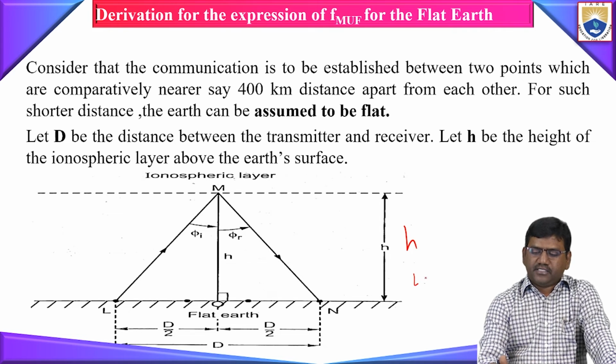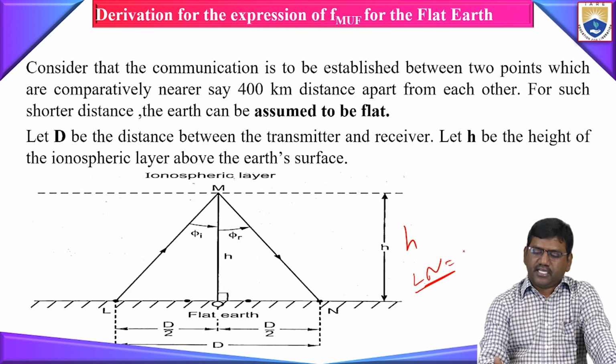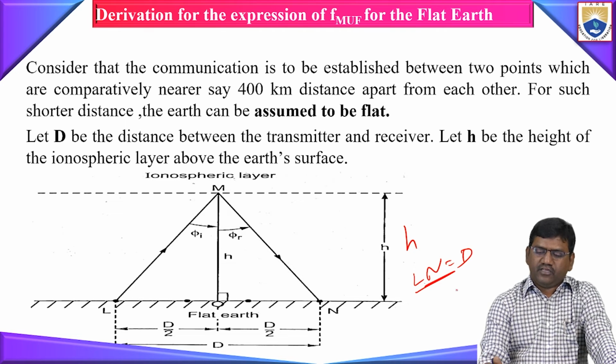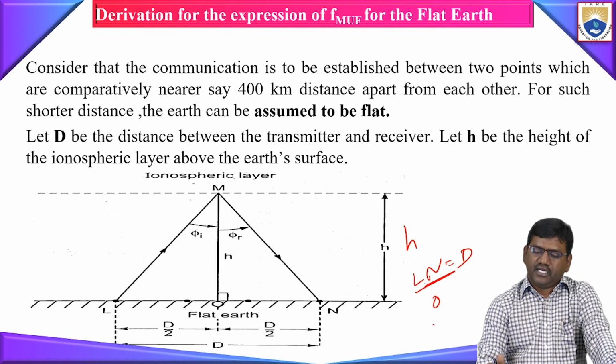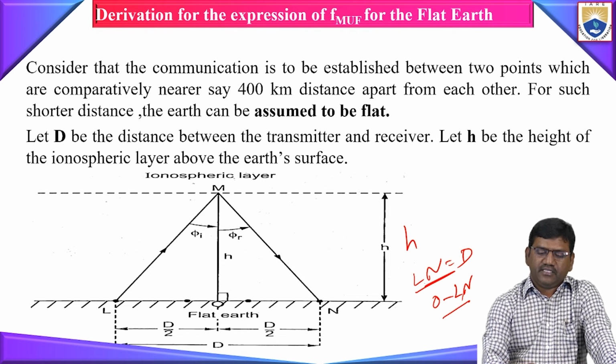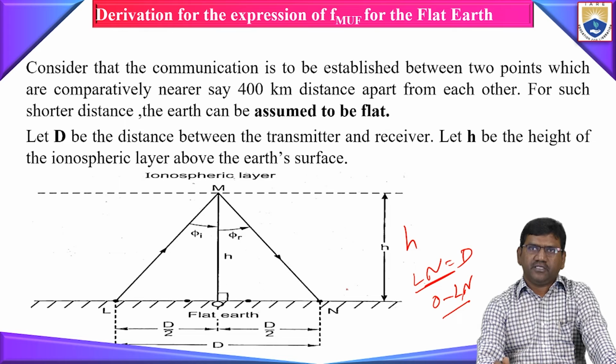And LN represents the distance here. The total distance is taken as D here. And O is represented as the midpoint of L and N. So here the distance is D by 2 and D by 2.